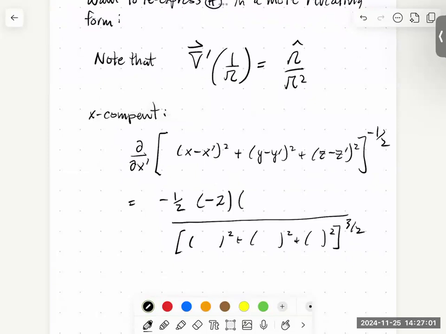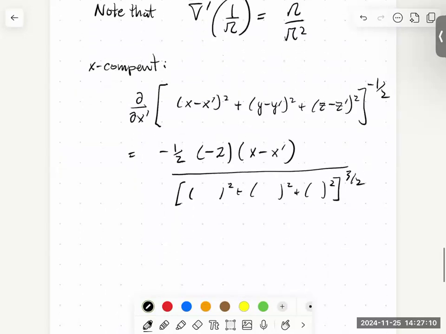Actually, sorry, I should be careful. It's minus 2 of x minus x prime. And so the minus 1/2 and the minus 2 cancel, we get x minus x prime. But all of this stuff is 1 over script r to the power 3. And so we end up getting x minus x prime over script r cubed. If you did this for the y component and the z component, you'd get terms just like this. You'd get an x hat here plus the y term with the y hat plus the z term with the z hat.